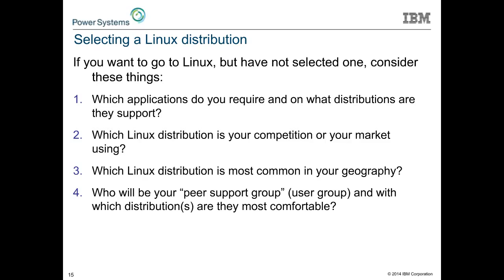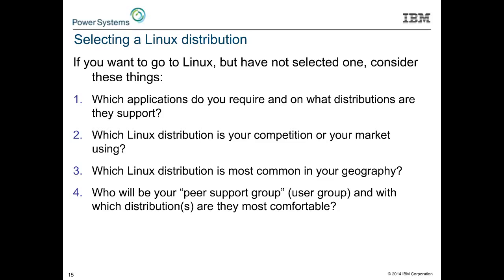The second thing to consider is, in your market, amongst the competitive businesses that you compete with or are always interacting with, which Linux distribution are they picking? Said a little bit differently, for other people that do things just like you do, what decisions have they made? There might be a reason a particular distribution is common in your industry.